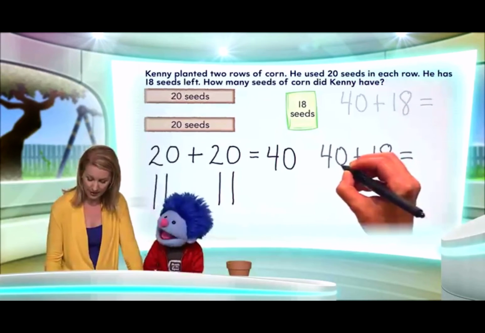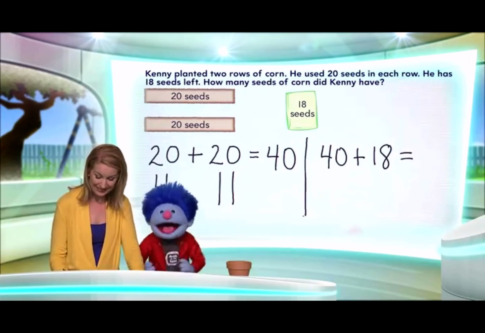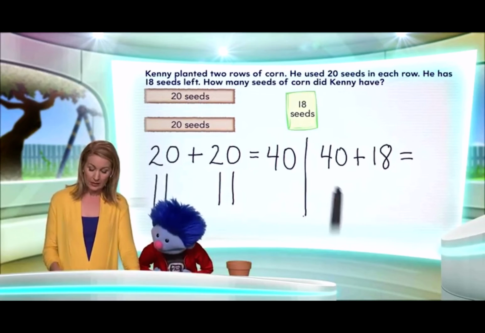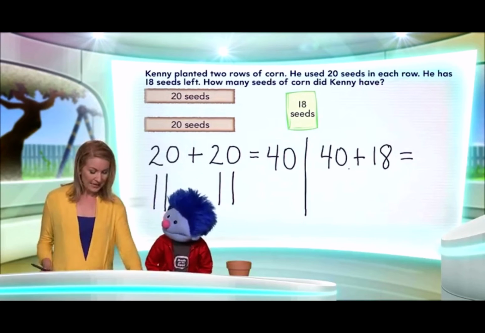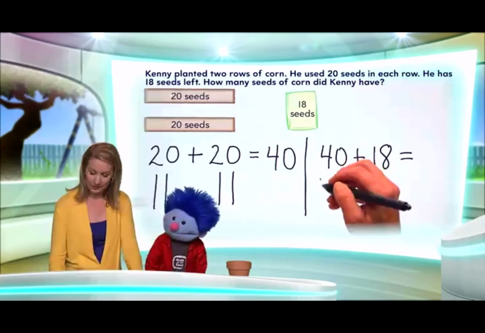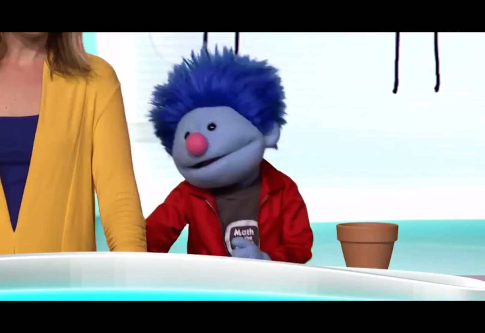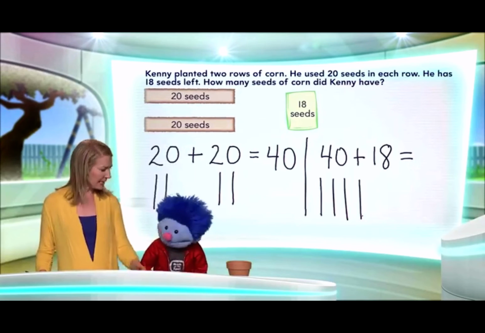Okay, let's move this down a little bit here. Are we going to draw another quick picture? Yes, we are. They really help. So let's go ahead and draw a quick picture for 40. So 40 is 10, 20, 30, 40. Plus 18, and 18 is how many tens?